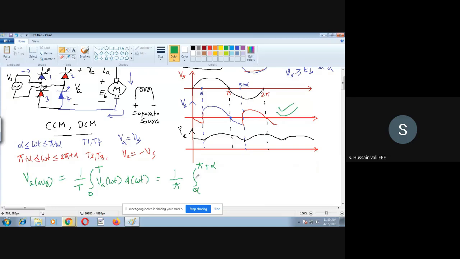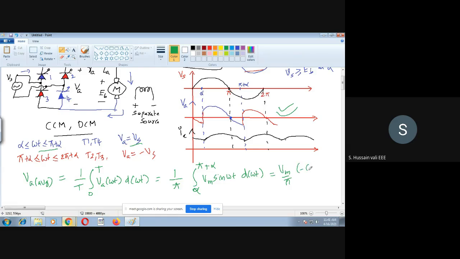What is V of omega t between alpha to pi plus alpha? In the first duration, it's very simple. It is Vs. What is Vs here? It's a sinusoidal voltage, so I will take Vm sine omega t d of omega t. Then Vm by pi. What is the integration of sine omega t with respect to d of omega t?